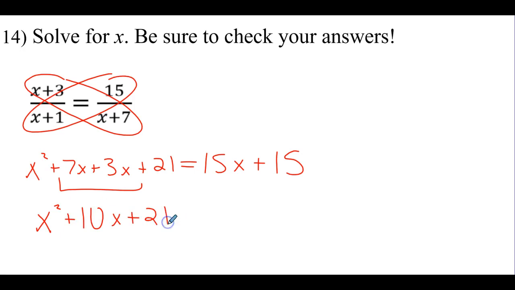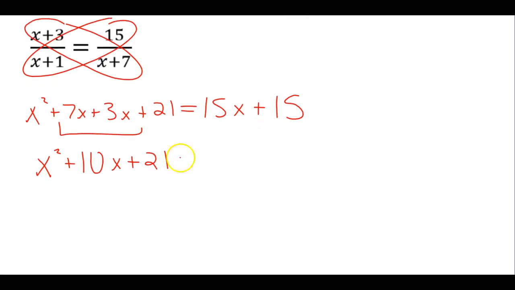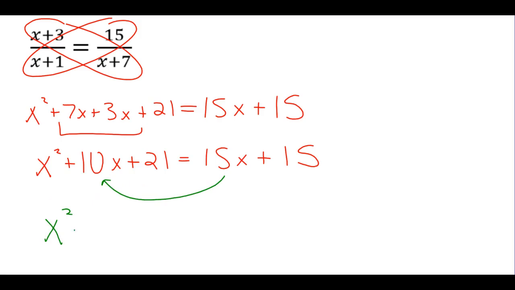But then, very clearly, this is a quadratic, so we know we're going to want to get it all to one side here. So, subtract the 15x over. And then subtract the 15 over. That gives me 6.